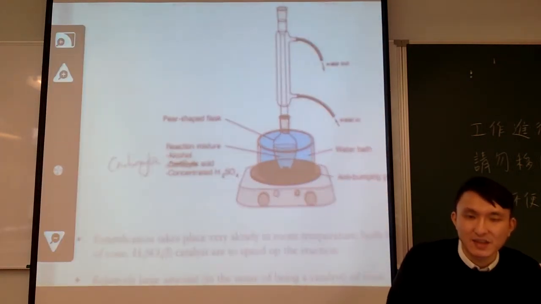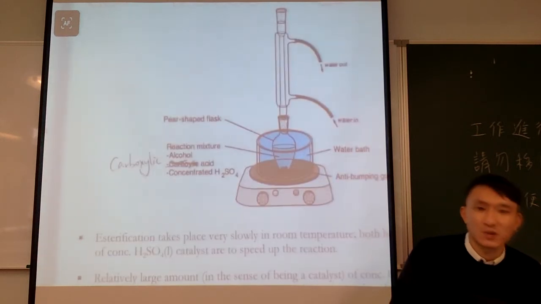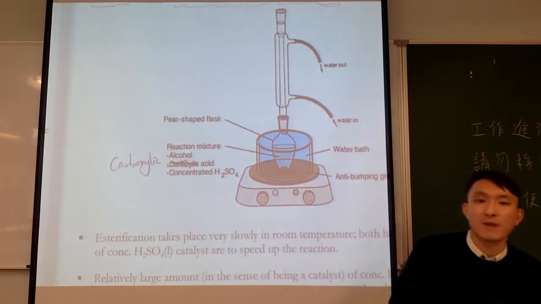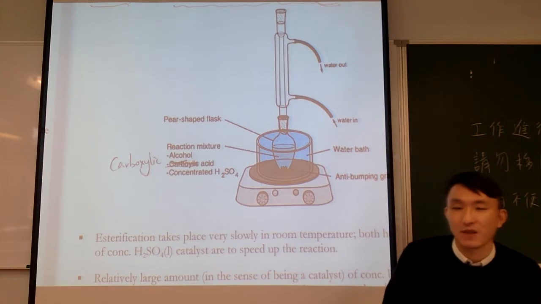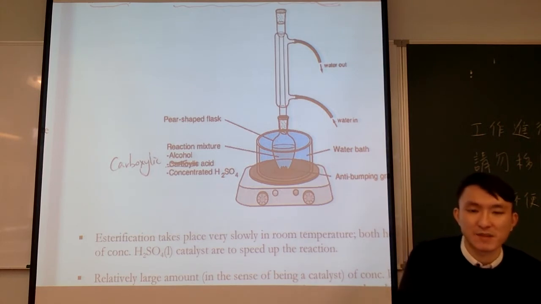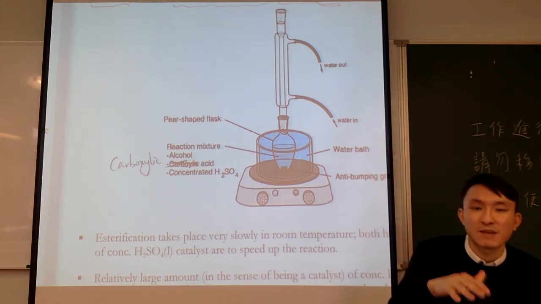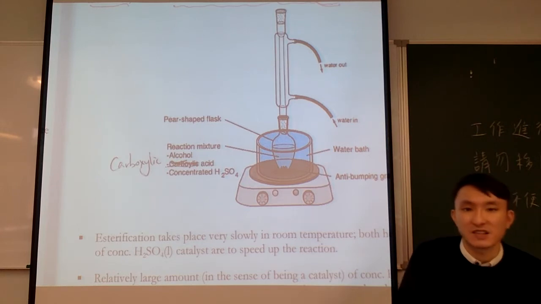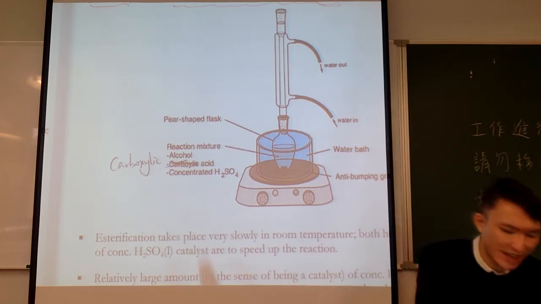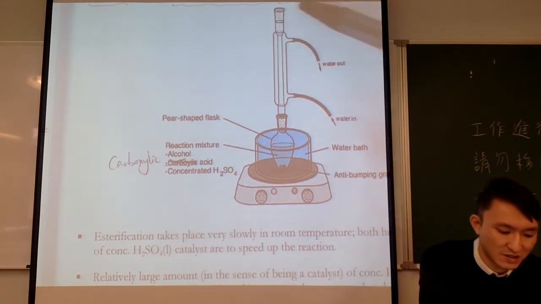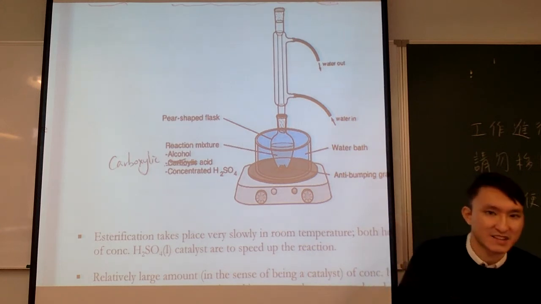And we try to use a water bath or oil bath, sand bath, or if you want to use a naked flame, make sure you add a wire gauze, because the wire gauze can reduce the temperature of the flame. You don't want to do direct heating because the alcohol is flammable and it's open, so air can get in.